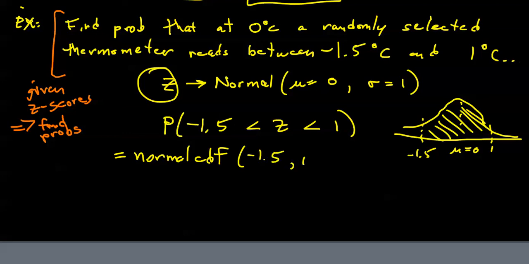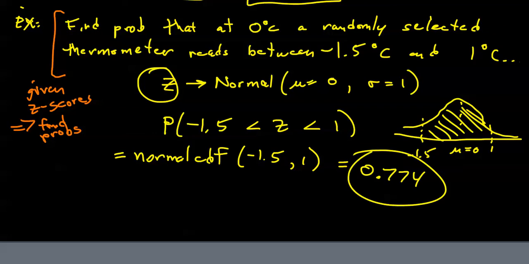And to use this command on our calculator, you've always got to plug in a left bound and a right bound. That is the syntax for this calculator. And finally, I'll get a probability of 0.774. Now remember, the total area under any normal distribution is 1, and that looks about right. If you're talking about between minus 1.5 and positive 1, almost all the area is swallowed up between those two limits.